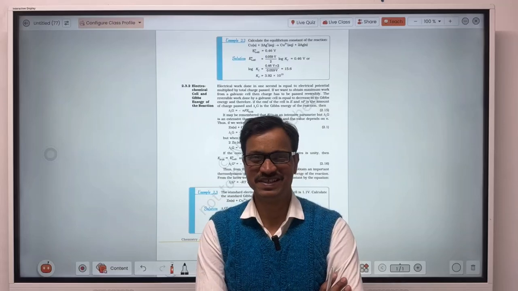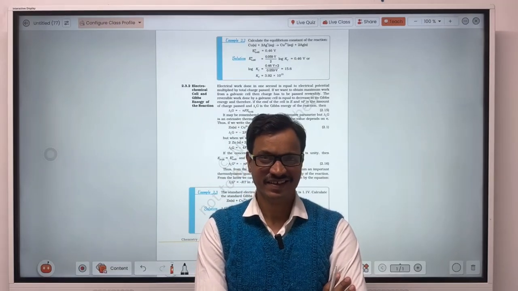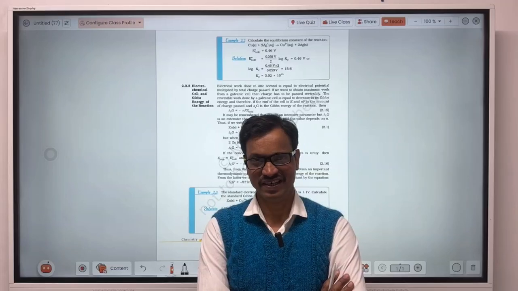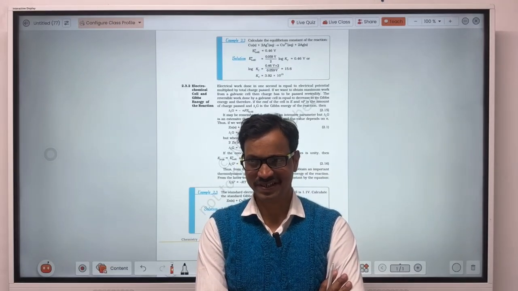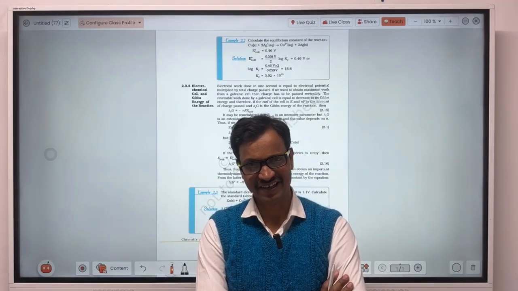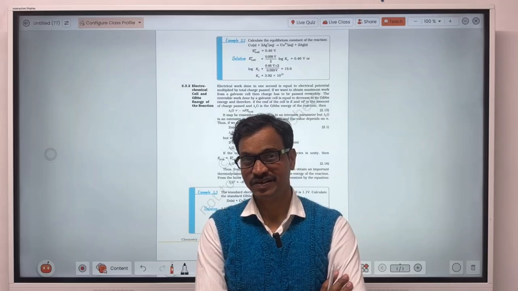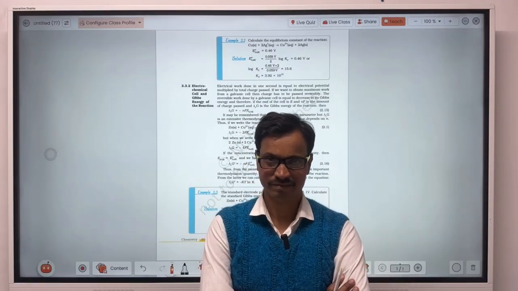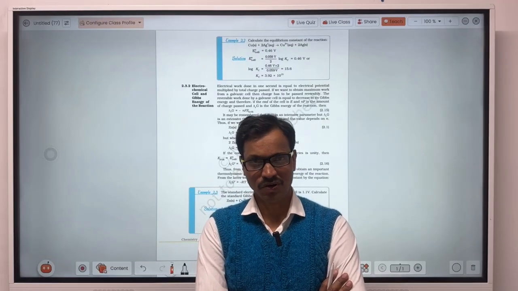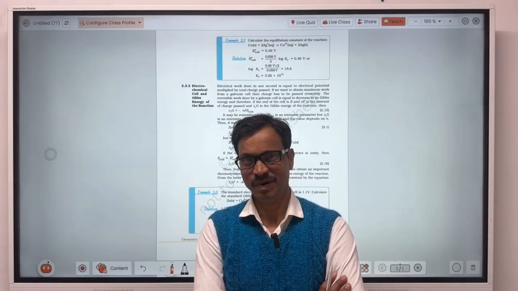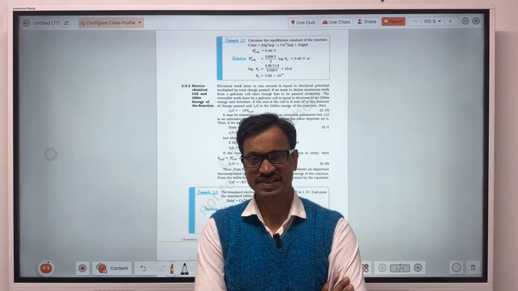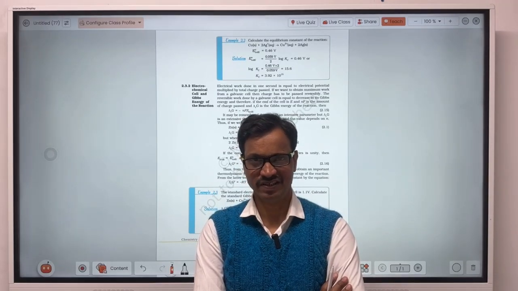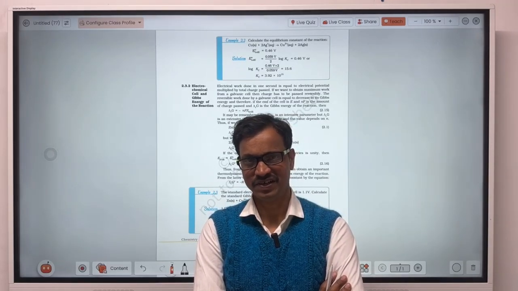In thermodynamics of class 11th, you have studied the Gibbs free energy, also called Gibbs energy or free energy. As the name indicates, free energy means the maximum amount of energy which can be converted into work.